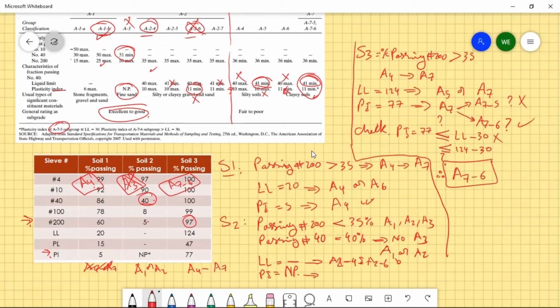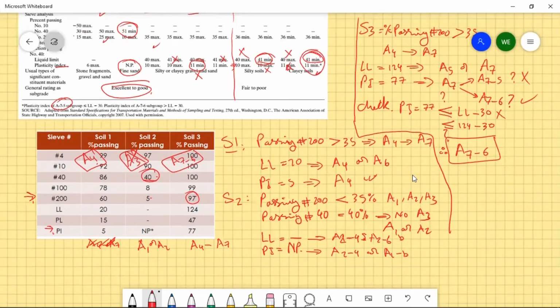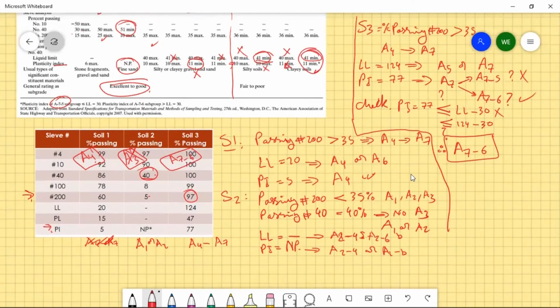So here it's A2-4 or A1-B. Now the question is, is it A1-B or A2-4?